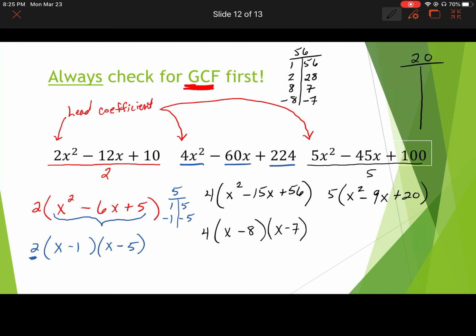I know that's not going to be 9. 2 times 10 could work. 4 times 5, well, there we've got 9. But, again, I'm looking for a positive product, but a negative sum, right? So I need to make these both negatives, and those will be my 2 binomial factors.